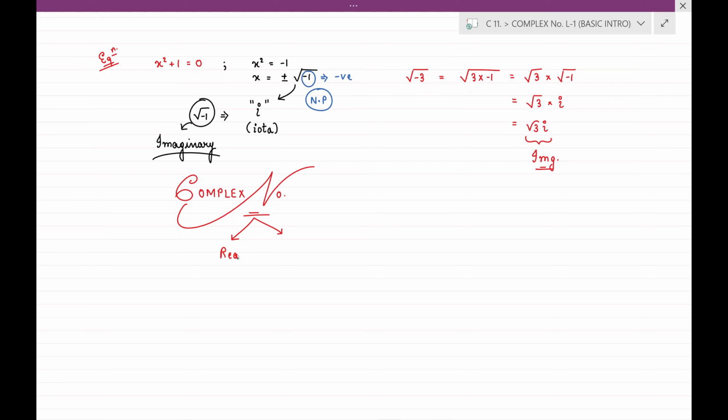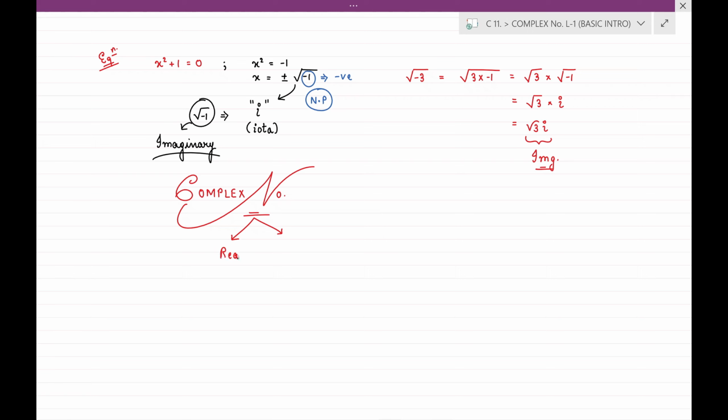So real plus imaginary gives us complex number, and the complex number is generally denoted by a small letter z.